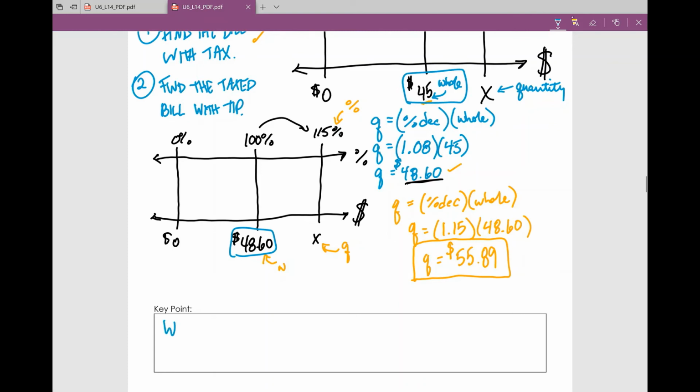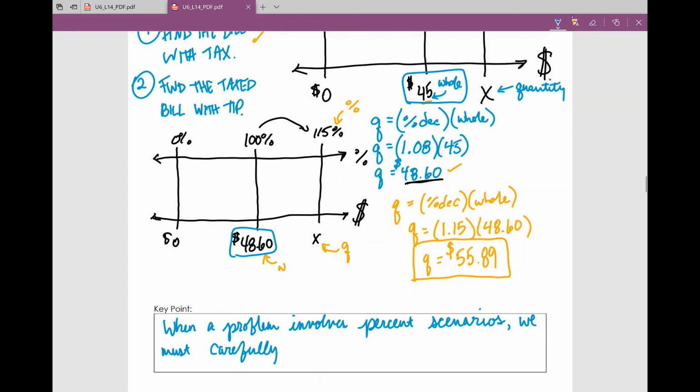So copy this down in the key point box: when a problem involves percent scenarios, we must carefully identify the whole in order to take a percent of.